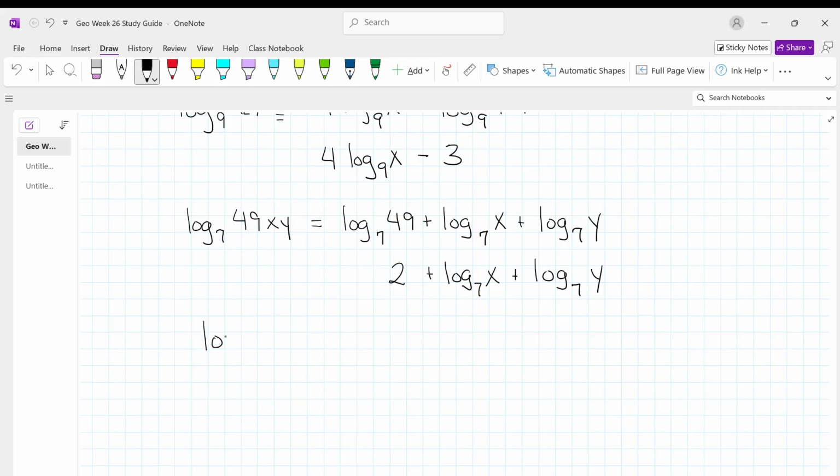Log a squared. In expanded form, that's just 2 log a.